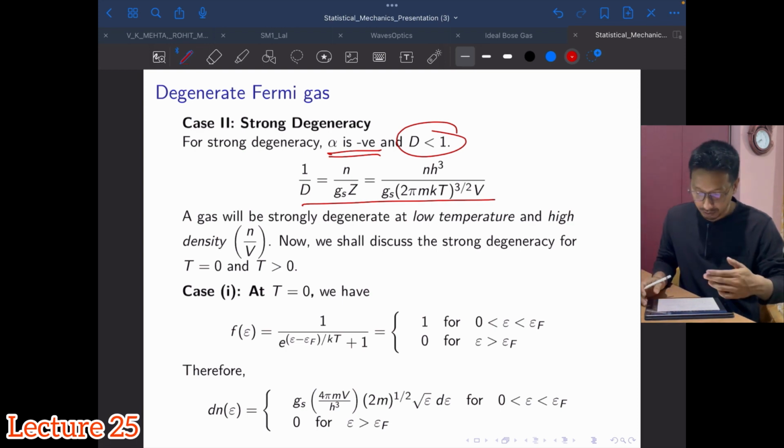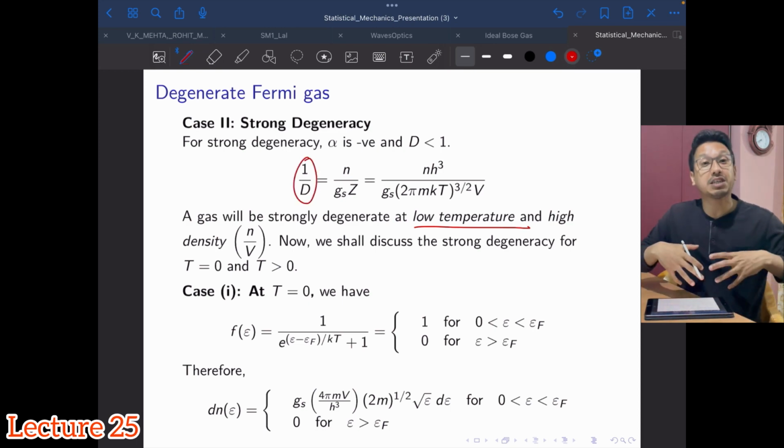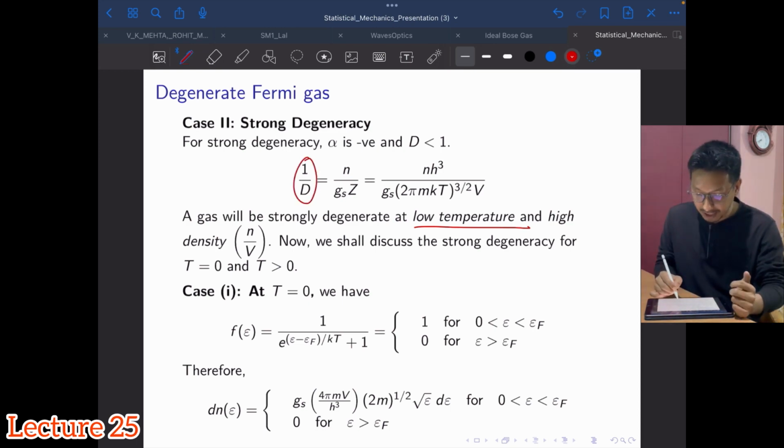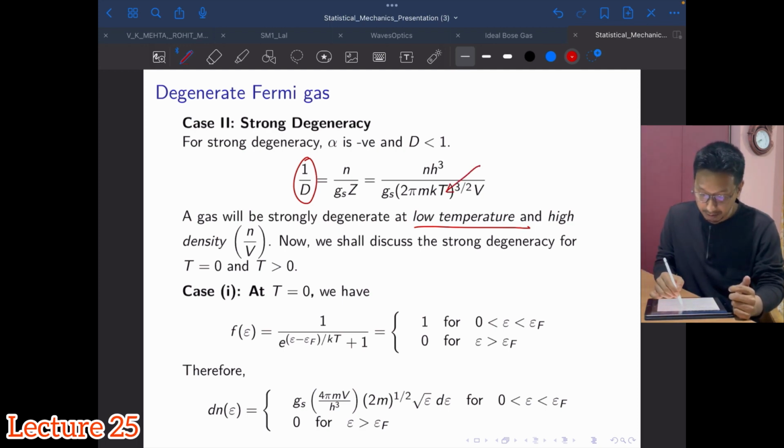In case of D less than 1, the gas will be strongly degenerate at low temperature. Let's look at this. If 1 by D is greater, your degeneracy is greater. How will it be greater? If your value of T is small, then this entire term will be greater.